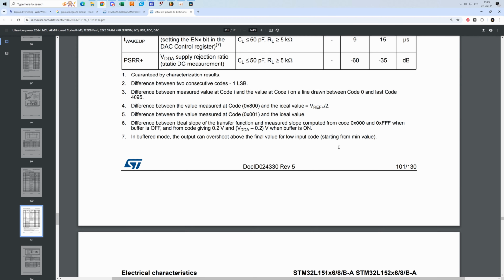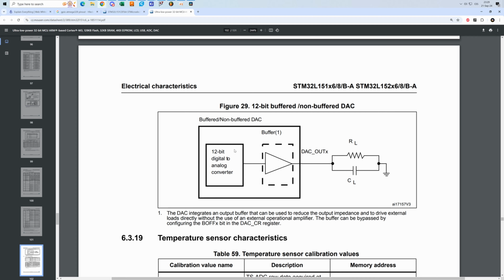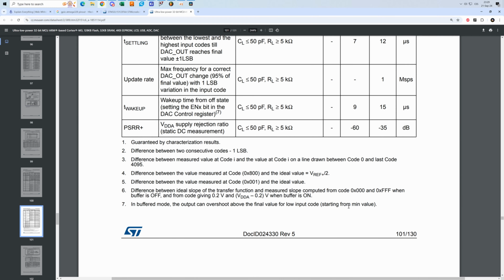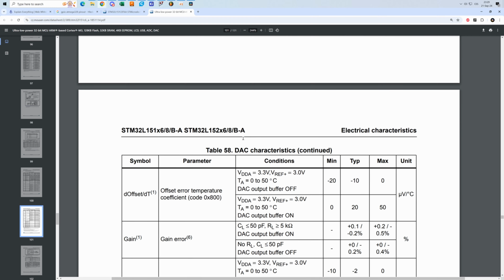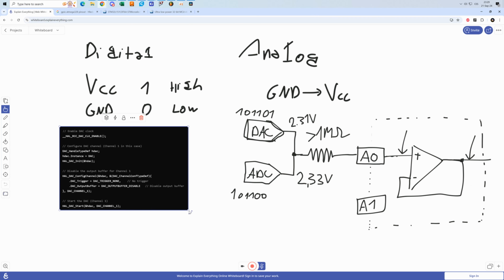Over here, you can see that the digital analog control integrates output buffer that can be used to reduce the output impedance and to drive external loads directly without the use of operational amplifier. And the buffer can also be disabled by configuring some bit in the register, right? So you don't have to use this buffer. You can use it, but you don't have to. And over here, I've placed this piece of code.